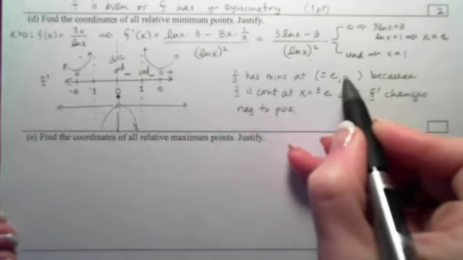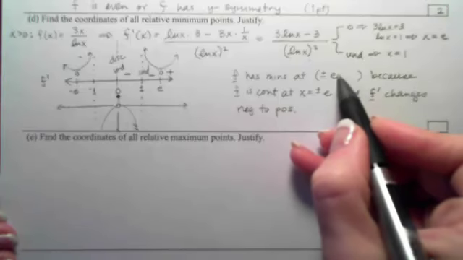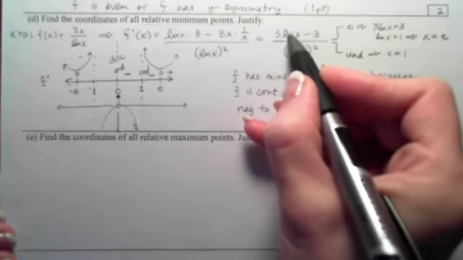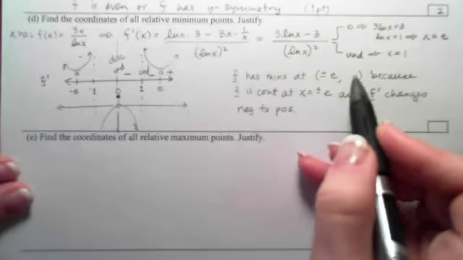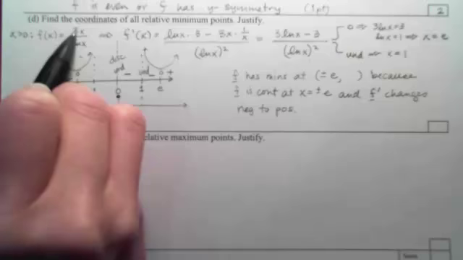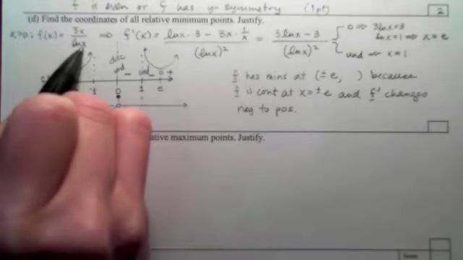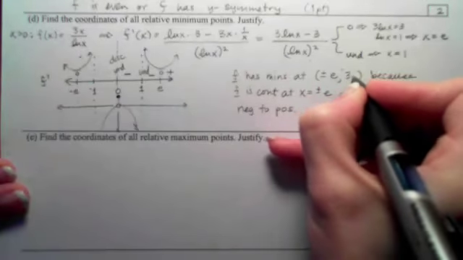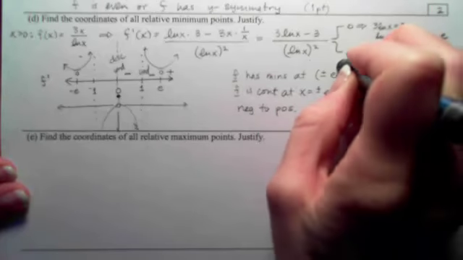Now we just need the y coordinate, so I'm going to take that e and plug it into the function. So this is the derivative. I got to go all the way back to the function branch. If I plug in an e, I get a 3e over a 1. So that's a 3e. That's my y coordinate.